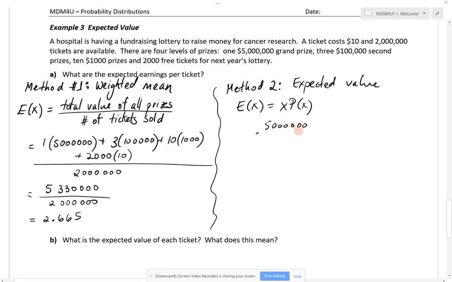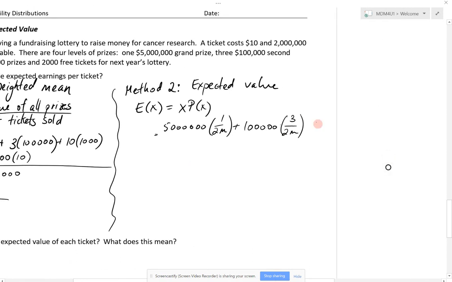The probability of getting the $5 million ticket is 1 out of the 2 million tickets. What about the $100,000 prize? Well, there's 3 of those prizes, so you have 3 out of 2 million to get a chance to win that. Plus, you have the $1,000 prize, and there are 10 of those, so 10 out of 2 million.